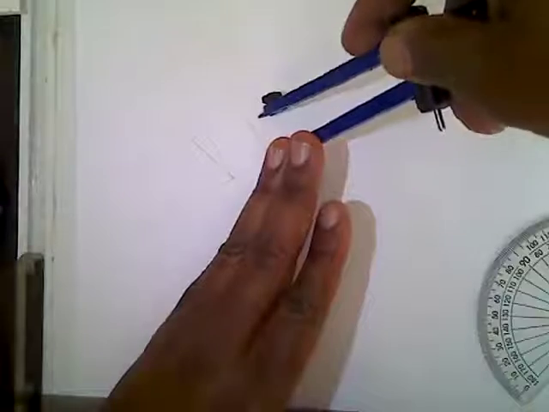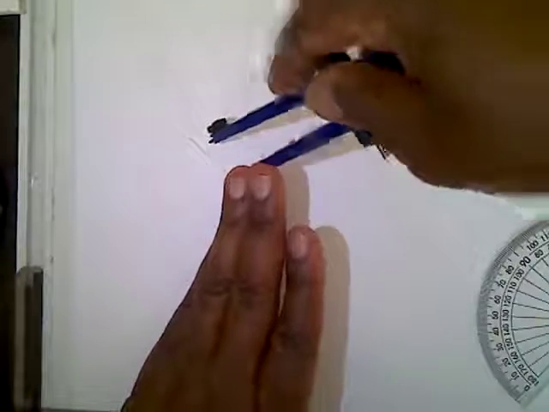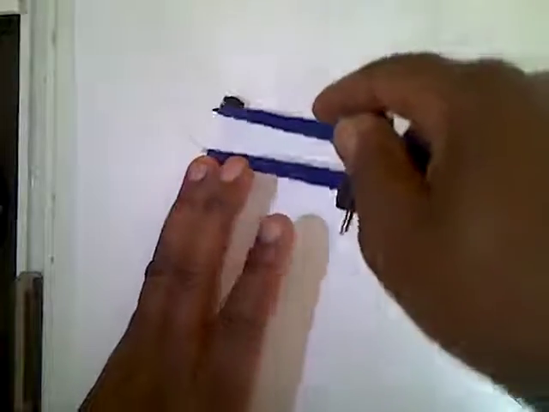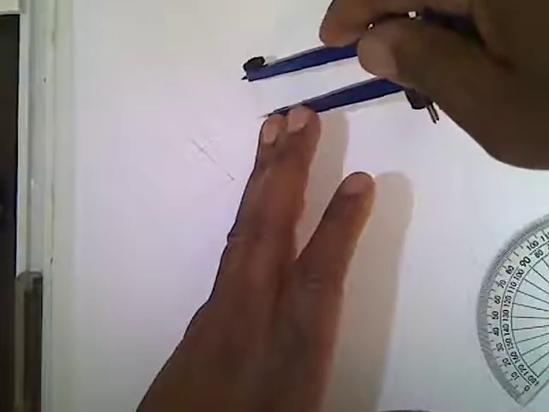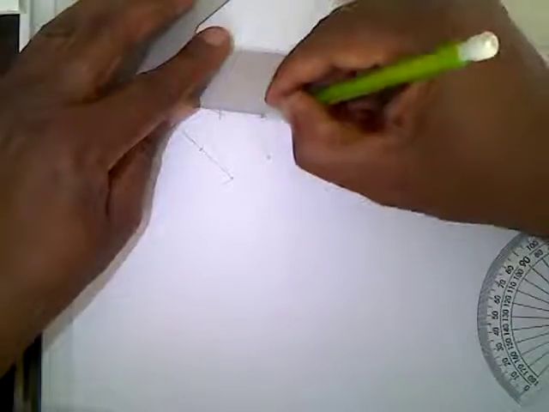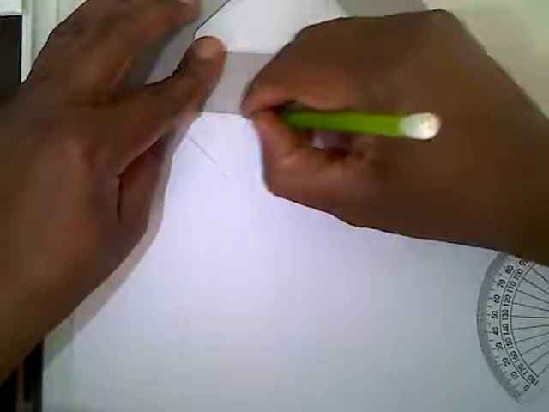Now 20 is here, 20 is there, and where they intersect, you will have another 20. We are almost done with our pentagon. You don't have to make this solid because it's a helping view.